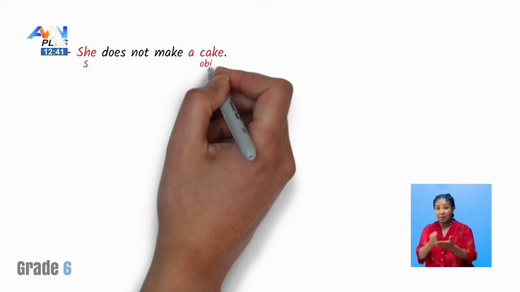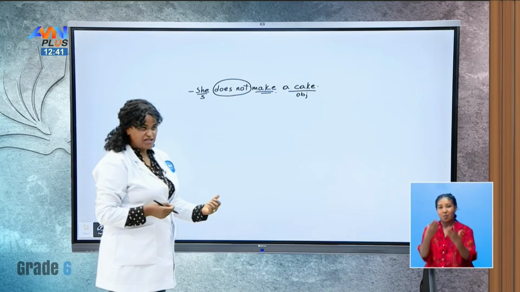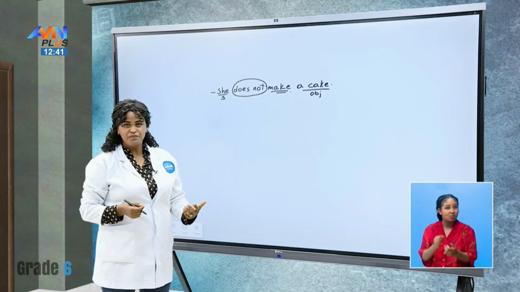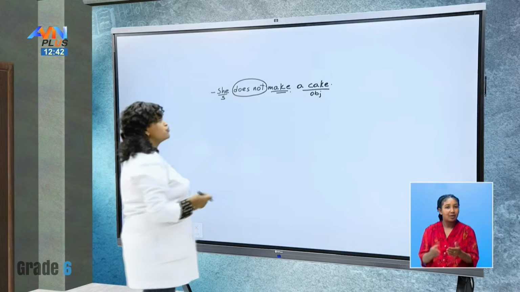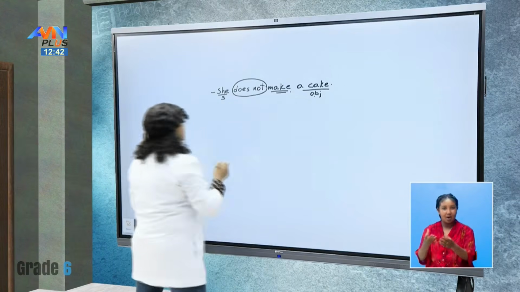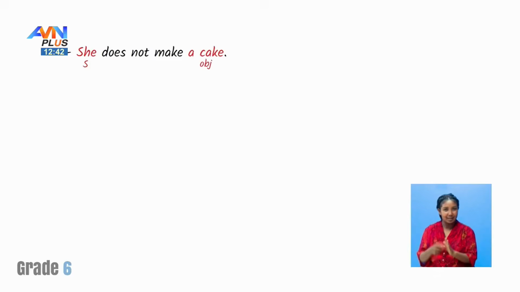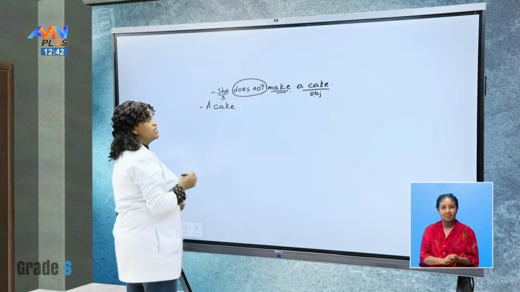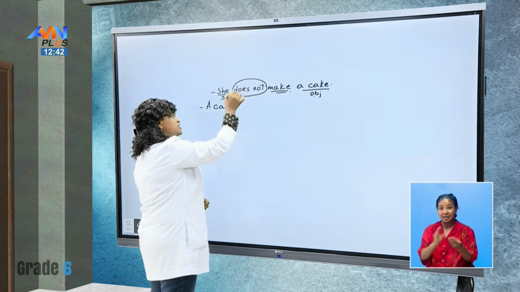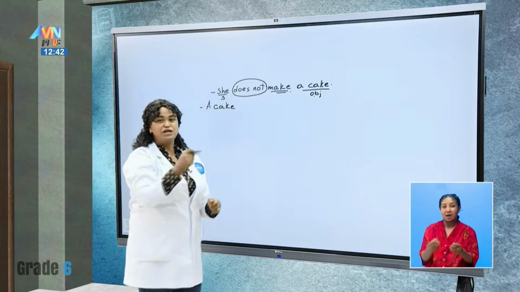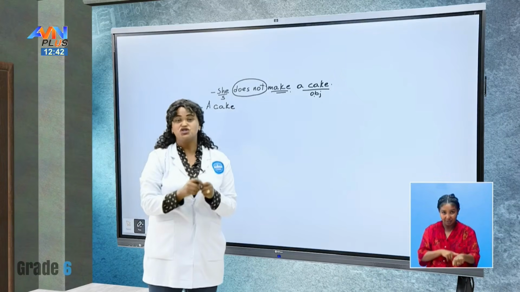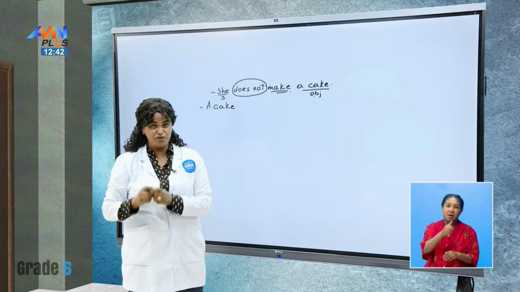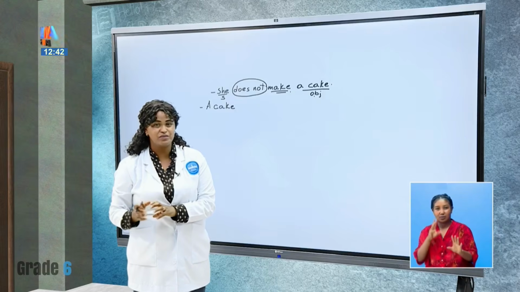Now, we're going to make a passive sentence, so how should I begin? Yes, I have to begin with the object, that is a cake, yes? Now, in this case, since in an active simple present sentence, we don't use am, is, are with a main verb, right?